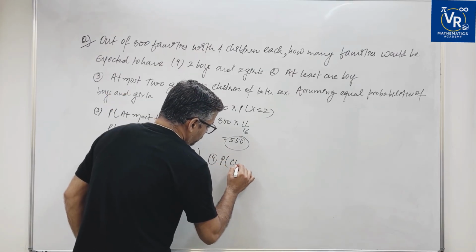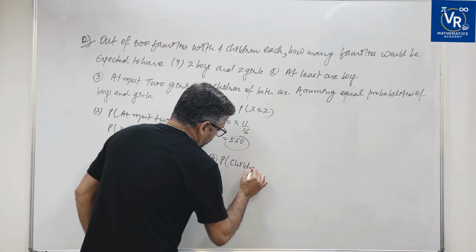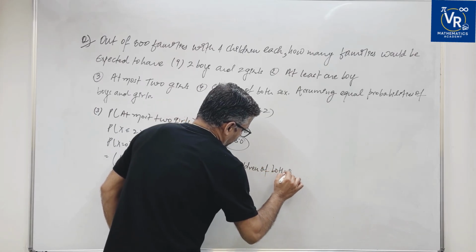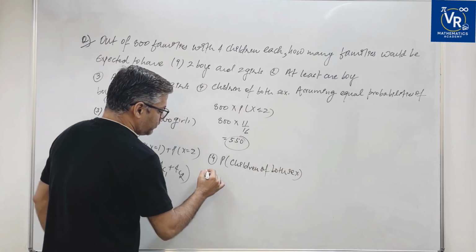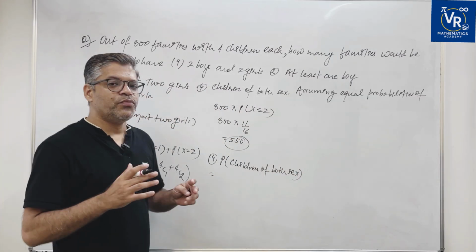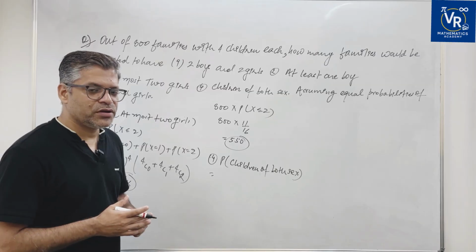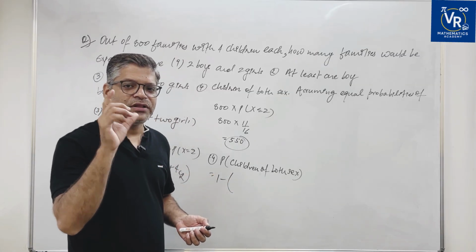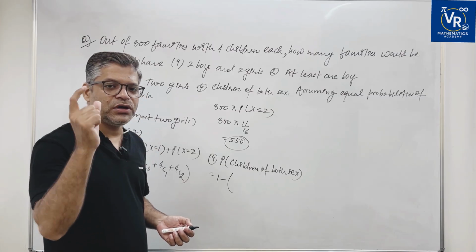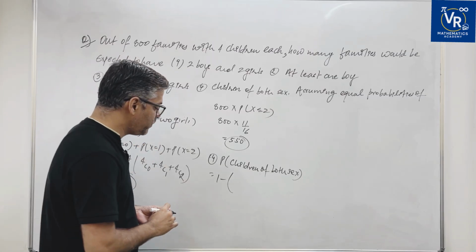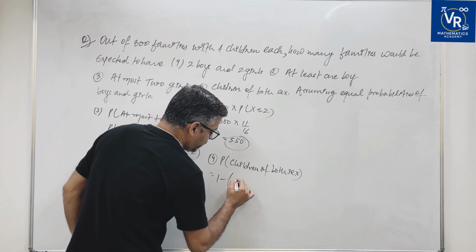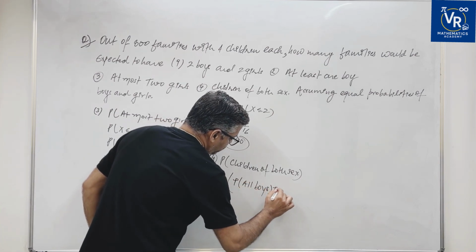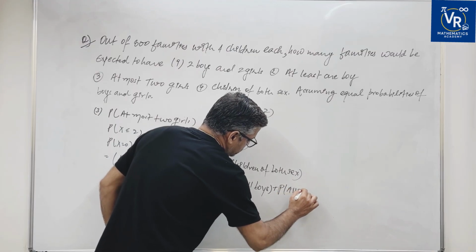Fourth one is probability of children of both sexes. Meaning is that both boys and girls should be there. From 1 we will subtract the all boys case, and the all 4 girls case. These 2 cases we will subtract from the total probability, that is probability of all boys and probability of all girls.